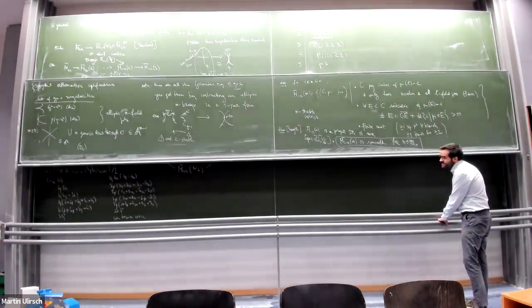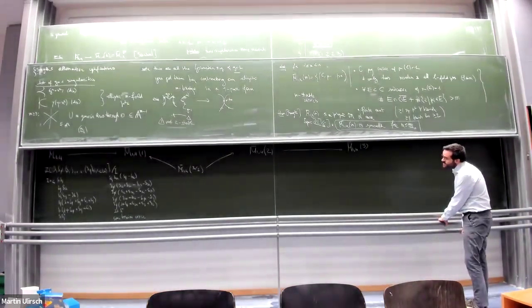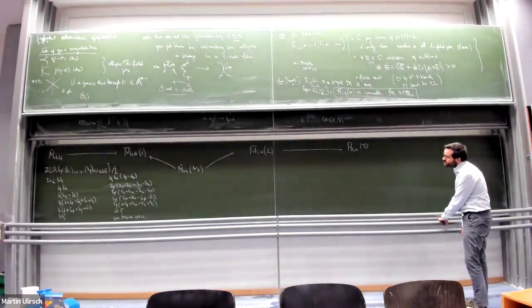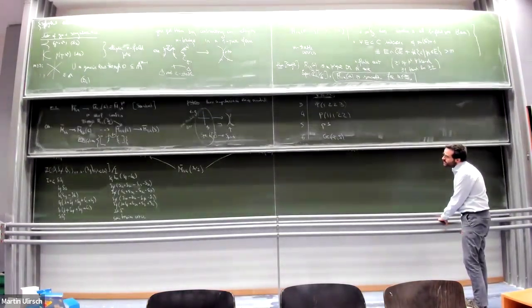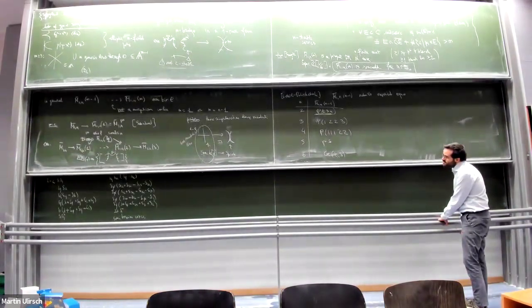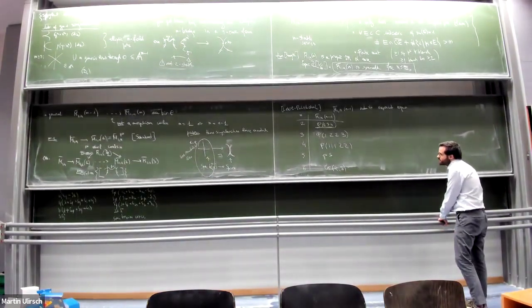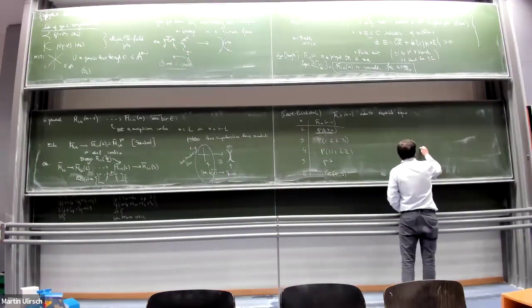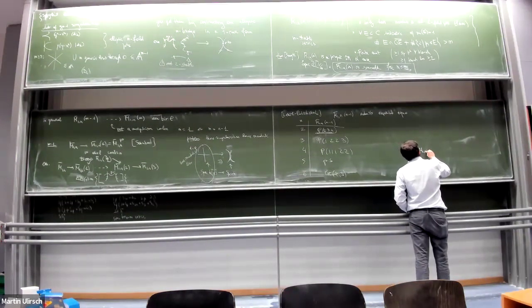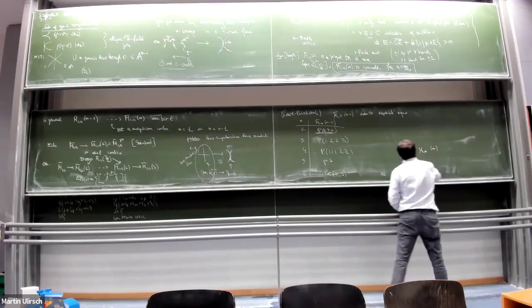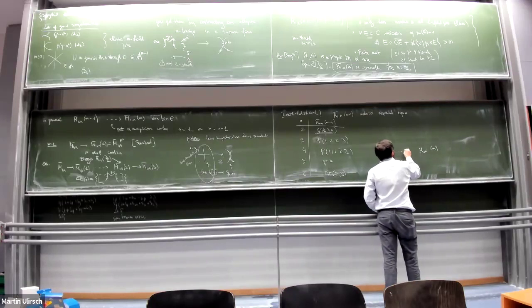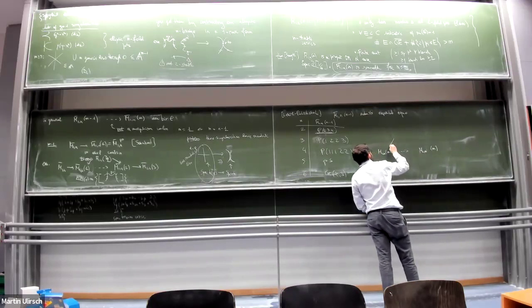Now that we have this explicit description of these finite compactifications, we can make the following observation. Look at the map from M1,n-1 to M1,n.